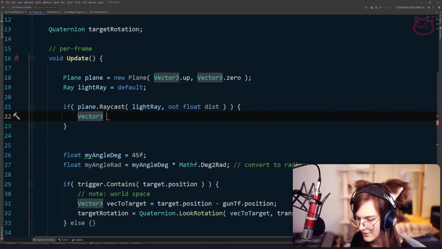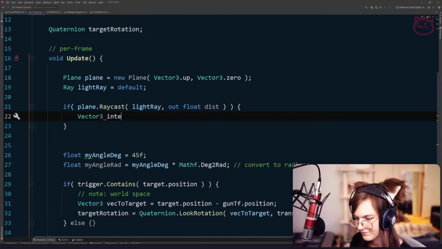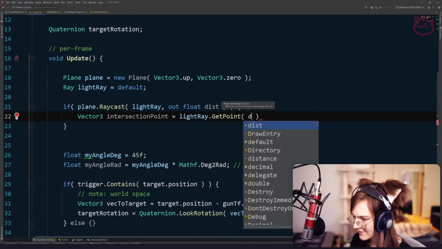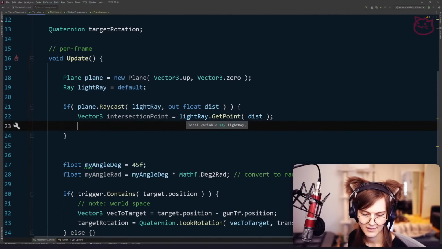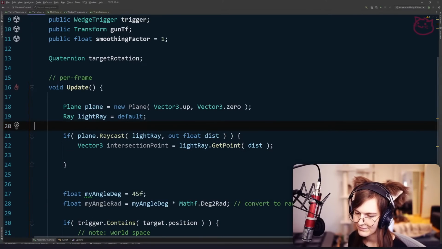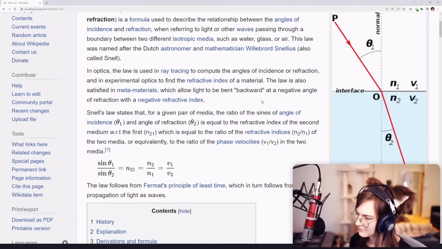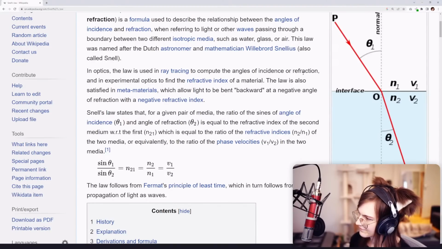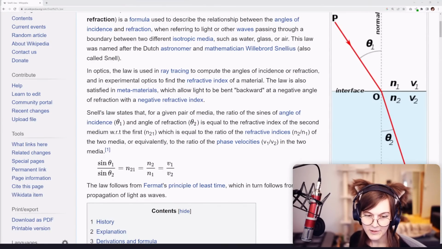Then the intersection point is lightRay.GetPoint at that distance. This would give you that point. If you have P, you don't need Q, then it's overdetermined. You can do it from either P or Q.